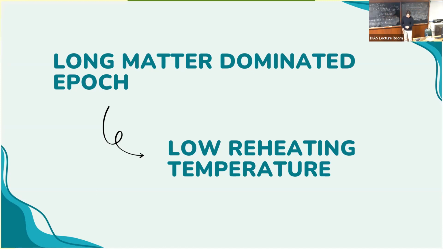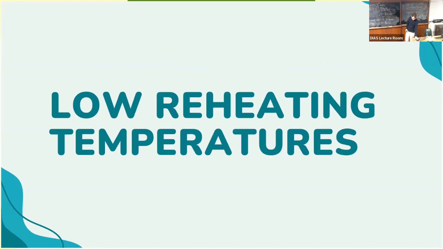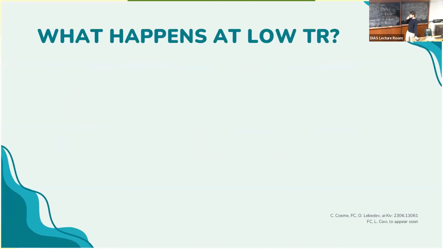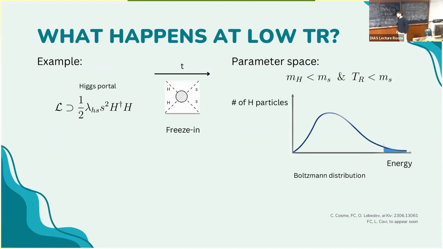So we thought, what happens with our freeze-in production when we have low reheating temperatures? In particular, it's quite interesting to have a look at a different parameter space that's normally never studied, where the reheating temperature can be lower than the mass of the particle that we want to produce.